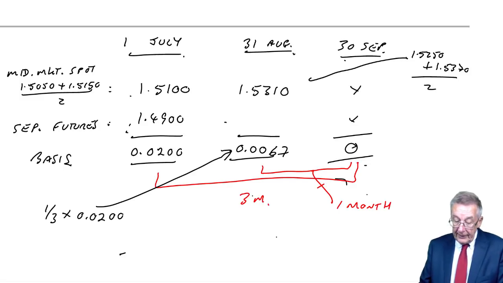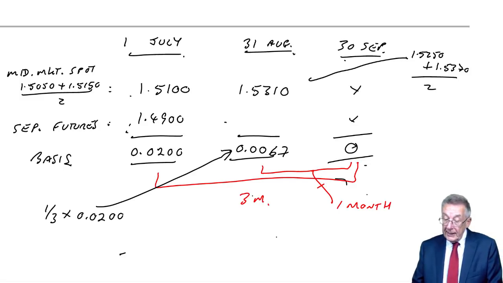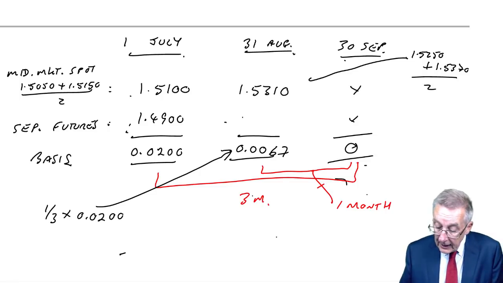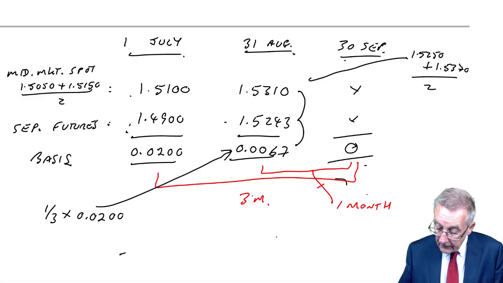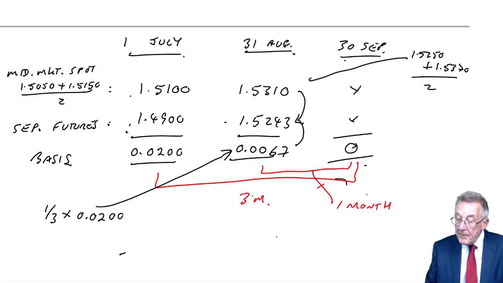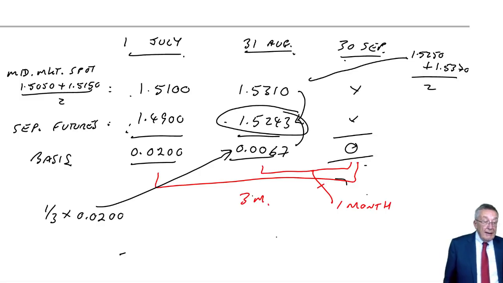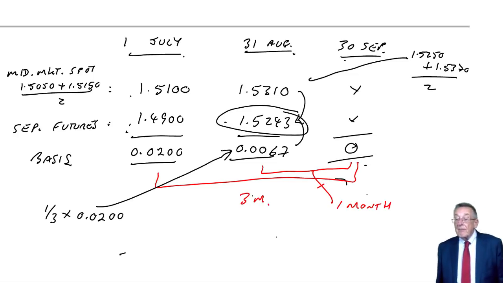So 1.5310 minus 0.0067 is 1.5243. It's just the missing figure. So there is our estimate of the futures price on 31st of August.